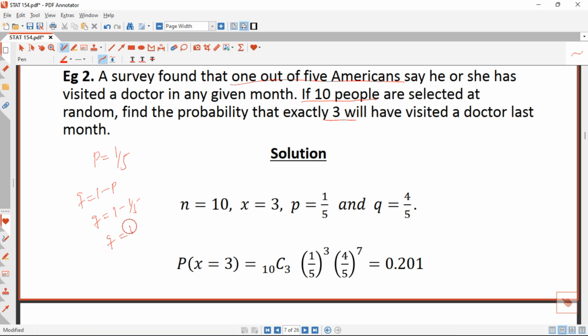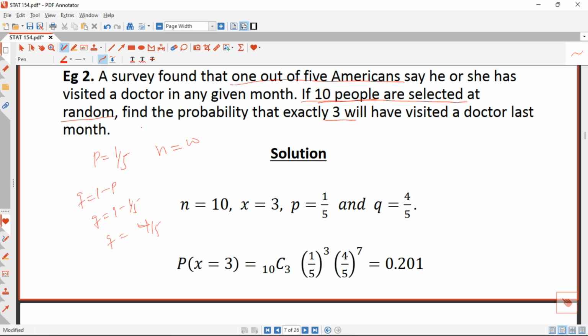We are going to get 4 over 5. So q is 4 over 5. And then our n is here: 10 people are selected at random. So our n is equal to 10.